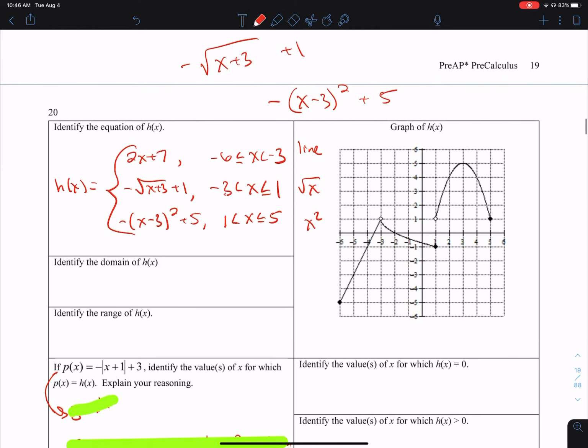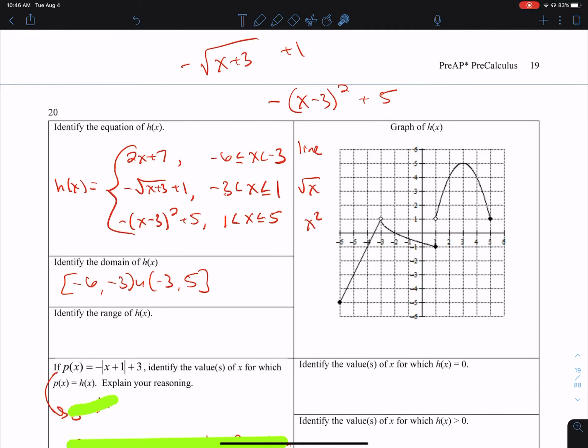Identify the domain of h of x. Well, it goes from negative 6 to negative 3 and skips over it. Then it goes to 1, it includes it, and then it goes to the right of 1 to 5. So essentially it goes from negative 3 to 5.